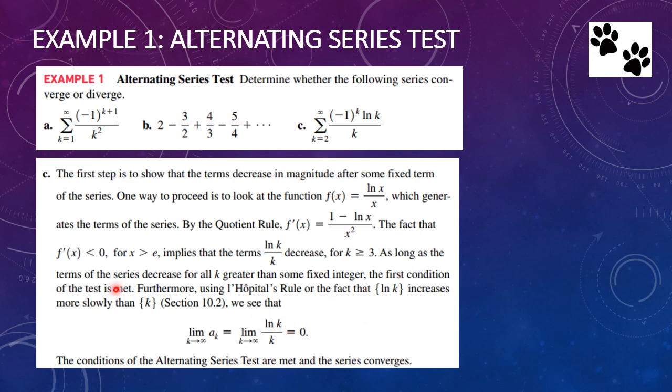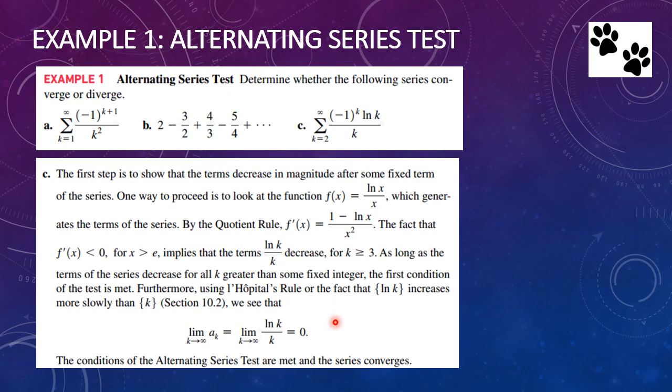As long as the terms of the series decrease for all k greater than some fixed integer, the first condition of the test is met. And that's an important note here in this example. It doesn't have to start at k equals 2, which you can see here is even less than e, of course, Euler's constant.